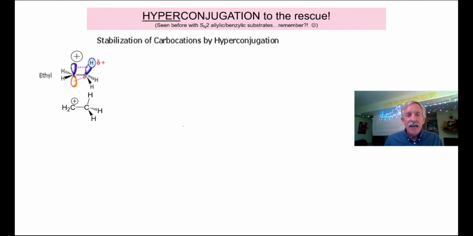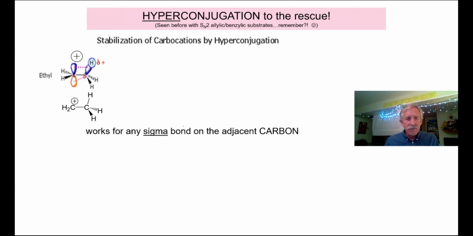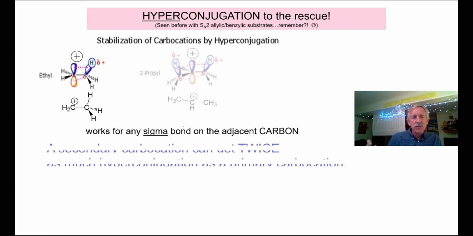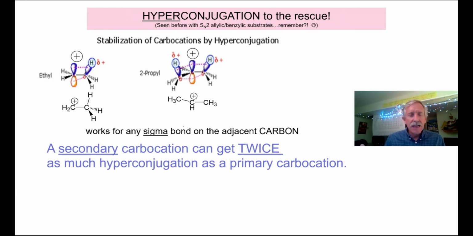hyperconjugation. A little borrowing of electron density, similar to what we saw with allylic and benzylic reactions in SN2, though they weren't doing resonance. Not resonance, because there's no way to break these bonds. But if I have these sigma bonds right next to the carbon, then I can start donating.